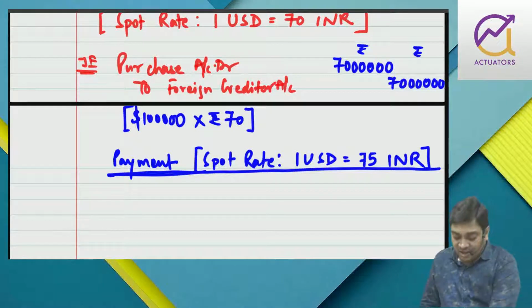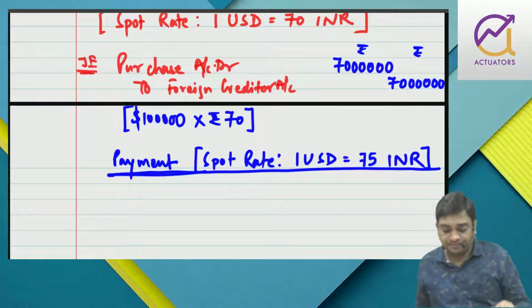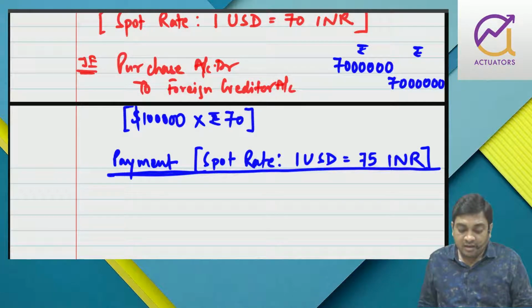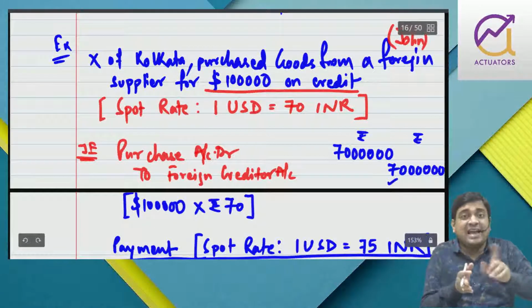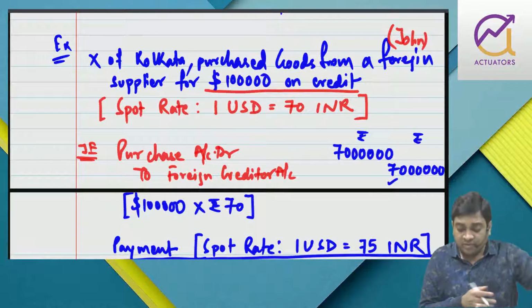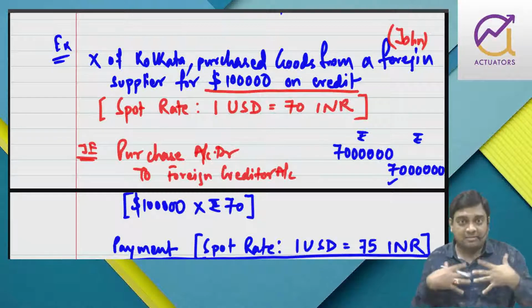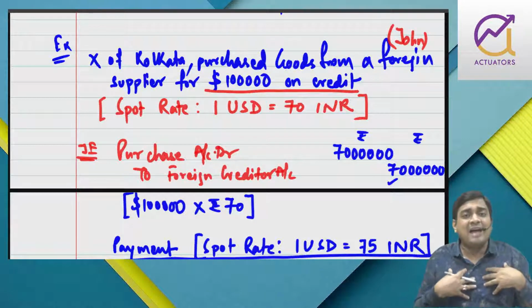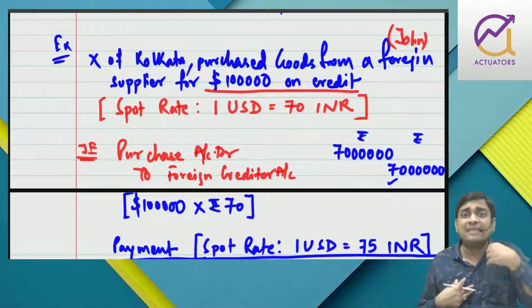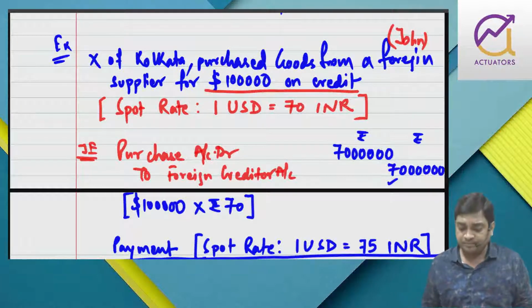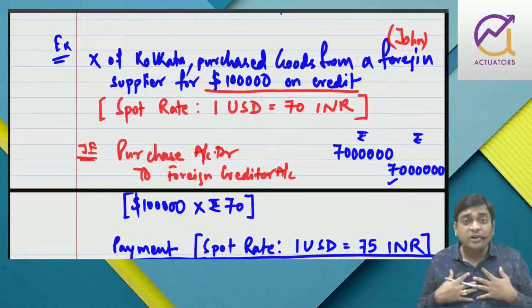As a result, you can easily see that this foreign supplier will not accept 70 lakh, because that 70 lakh is in your books. The foreign supplier will bill you in his own currency. I've got nothing to do with your currency. I'm not going to bear any exchange difference loss.